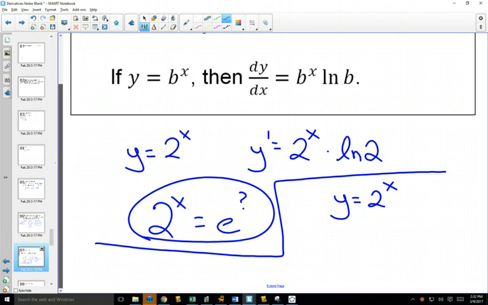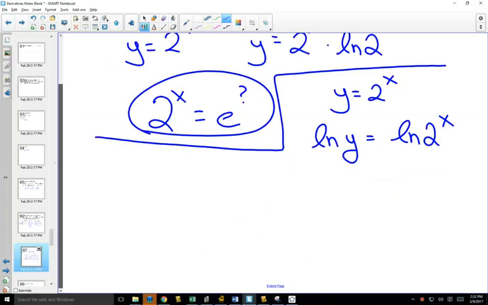So what I could do here, we're using logarithms, is I could take the natural log of both sides. If I take the natural log of this side, I get natural log of y. If I take the natural log of this side, I get natural log of 2 to the x. What do you know about your log laws? What could you do with that x? That exponent could come out in front, right?